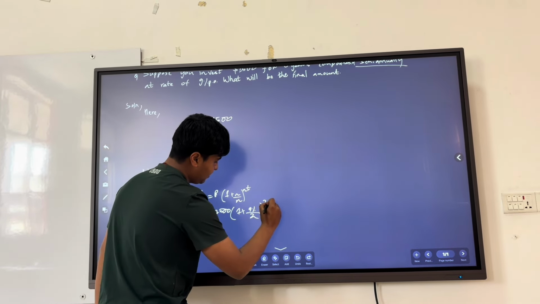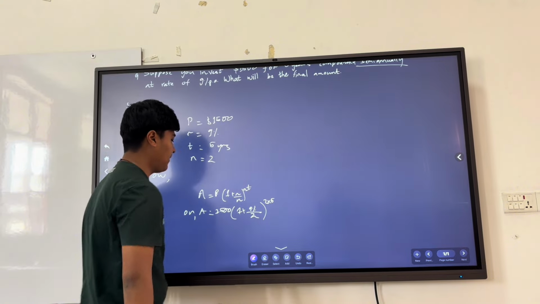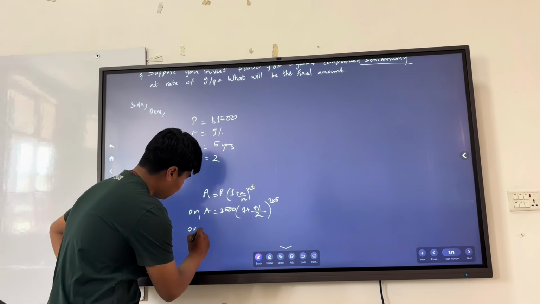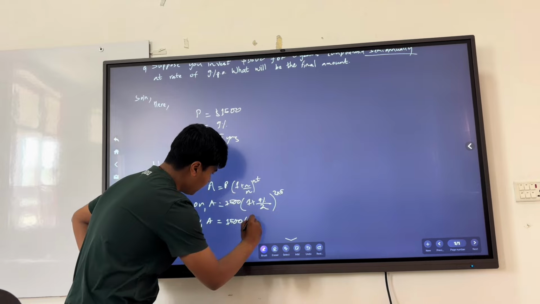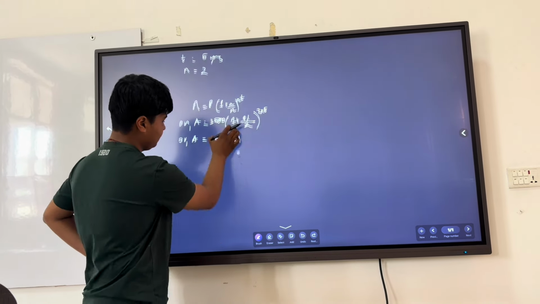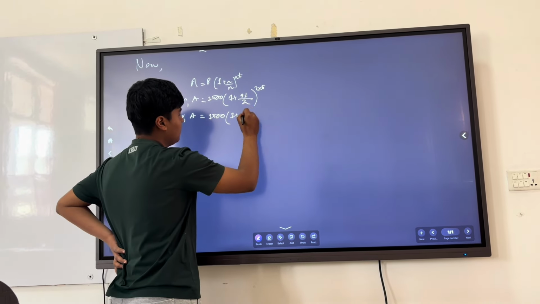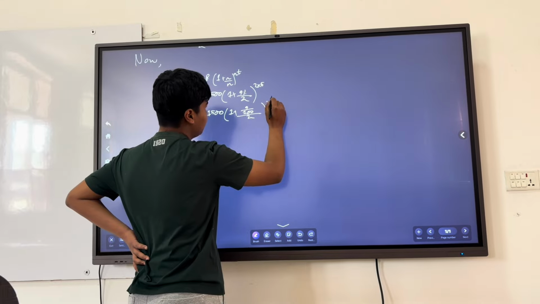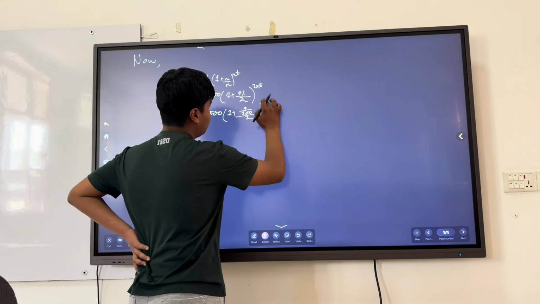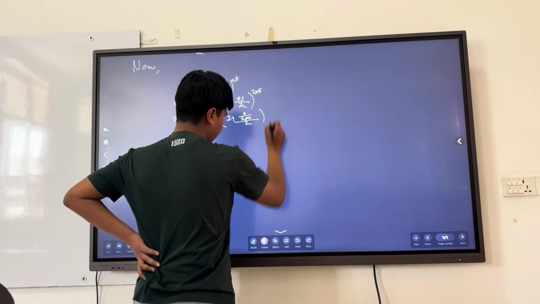So here N is 2 into 5. 5 is the years we have invested the amount, or A equals 1500 by 1 plus 9 by 100 to the power 2, 2 into 5 is 10. We can write 10 over here.